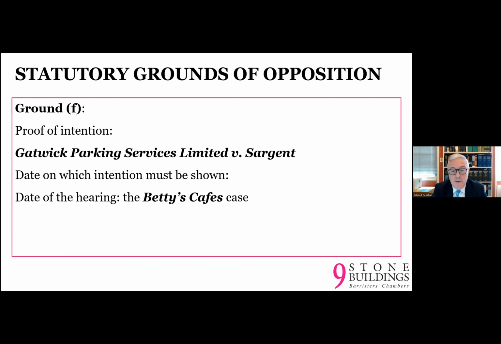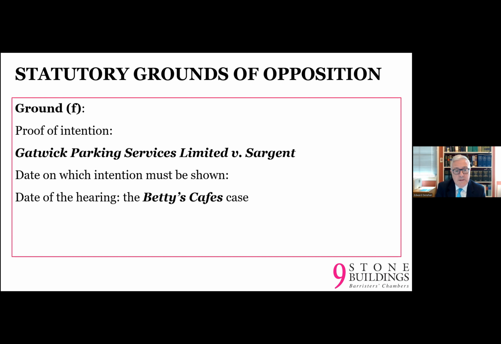The planning permission for car parking had a condition of personality, namely the Sargent family. The landlord didn't have planning permission at the date of the hearing, but adduced planning expert evidence to the effect that it was very likely that planning permission would be granted for Gatwick Parking Services Limited to carry out car parking activities on the demised premises. The trial judge rejected that, and the Court of Appeal said he was wrong to do so.